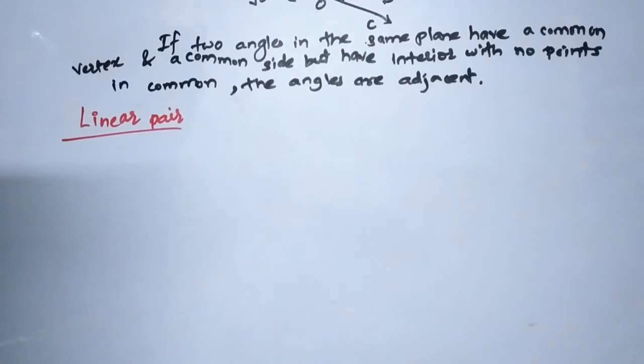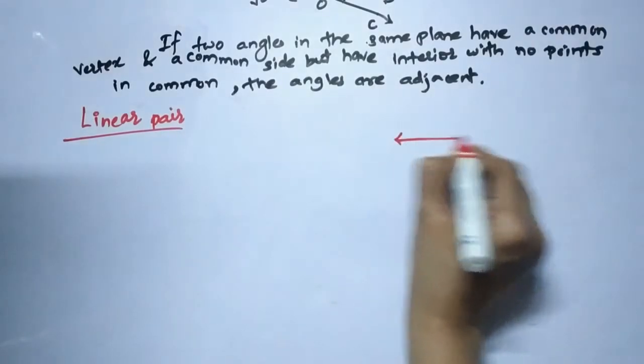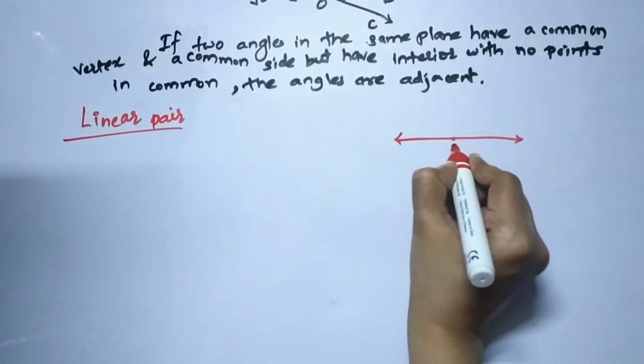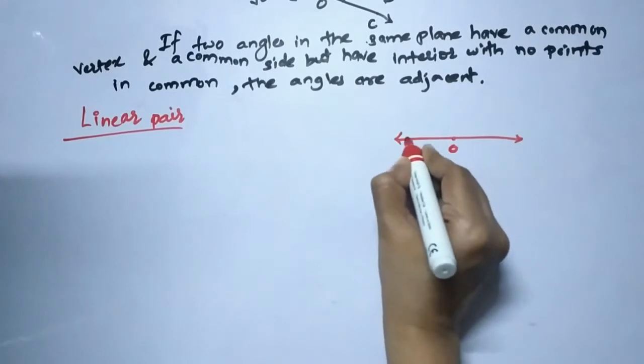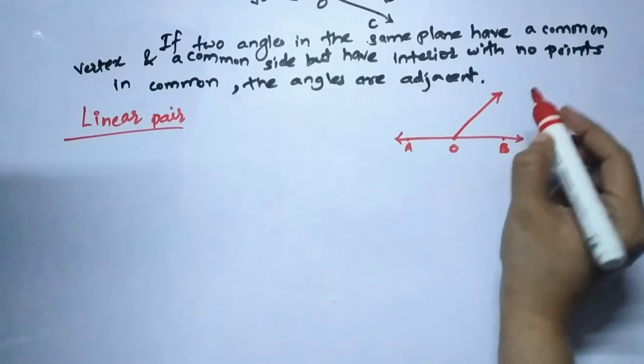So friends, now you can see what are linear pair angles. Let me draw one diagram here, and we can understand with the help of the diagram. Again take an example of adjacent angles. Suppose this is a point O and this is a ray OA and this is a ray OB, and here I would like to draw one more ray, that is OC.